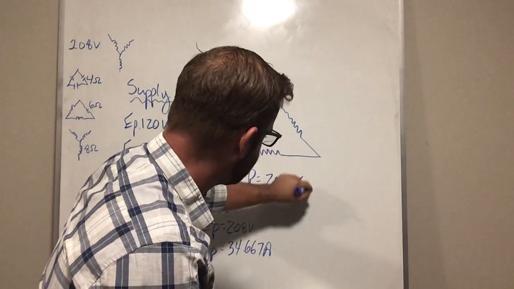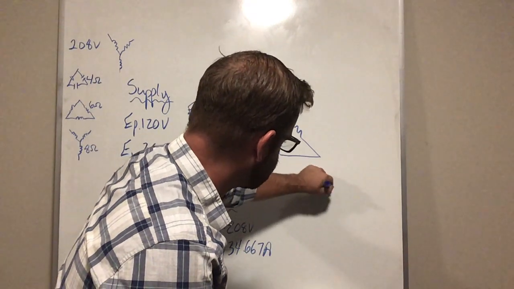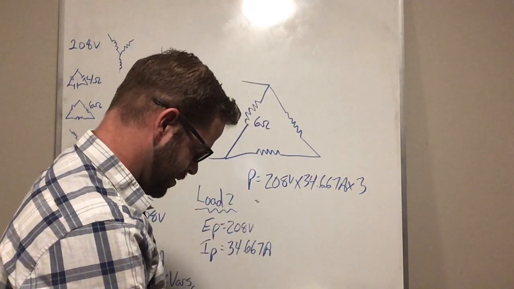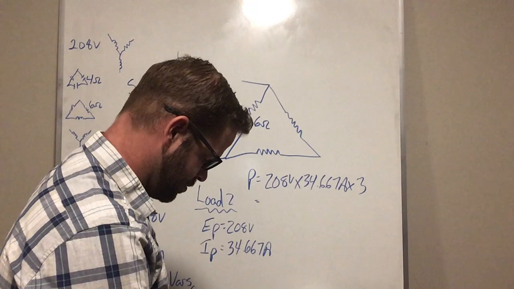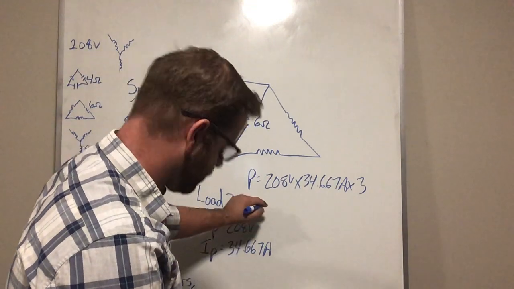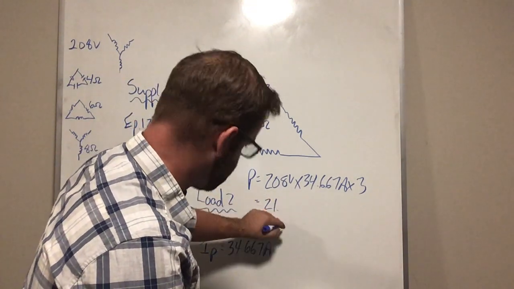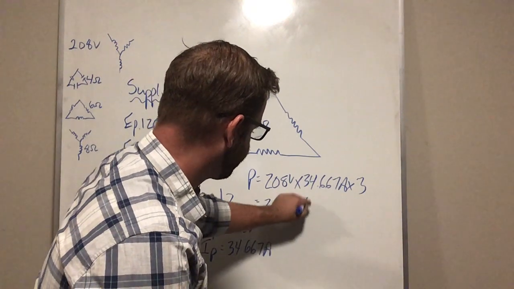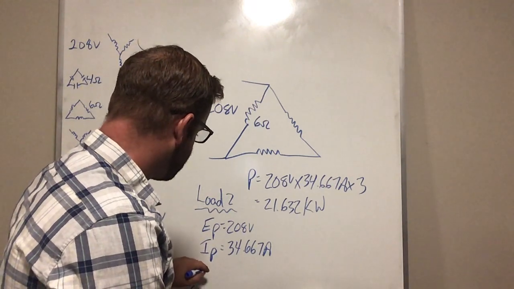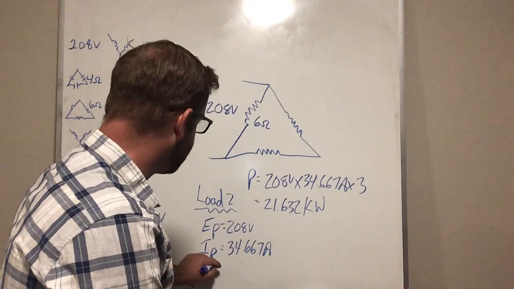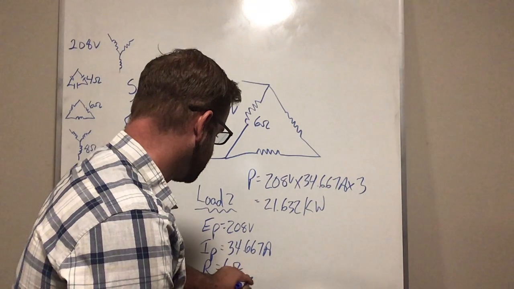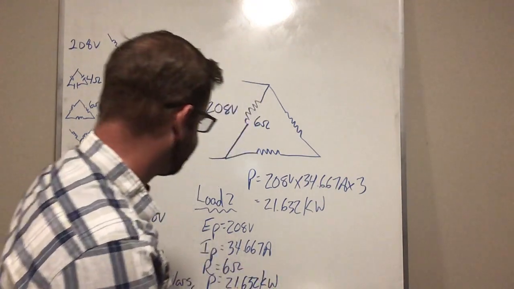So 208 volts times 34.667 amps times 3 gives us a total wattage of 21.632 kilowatts, and we can put that down here. So the resistor value we knew was 6 ohms, and our power is 21.632 kilowatts. Excellent.